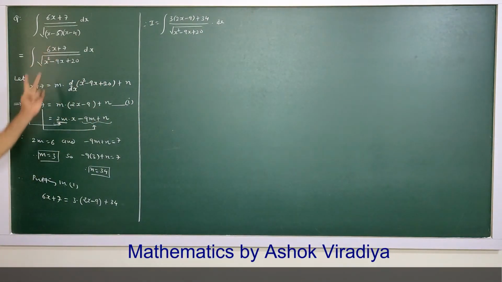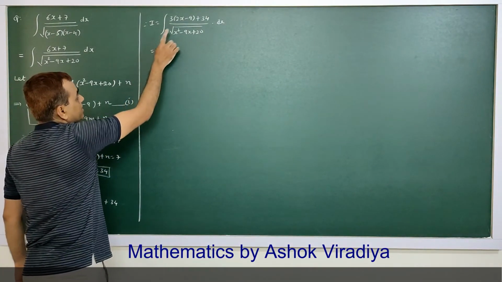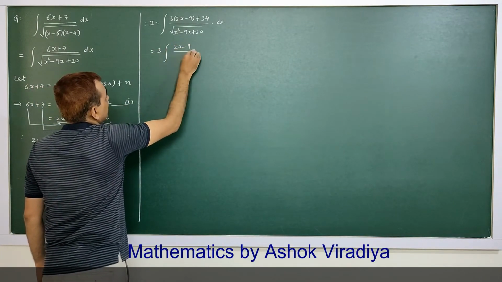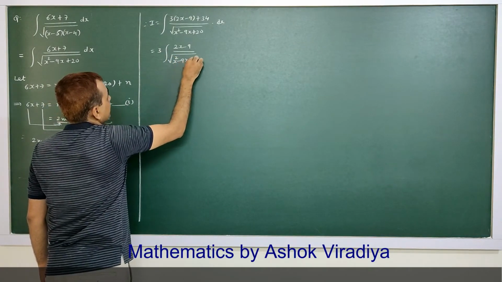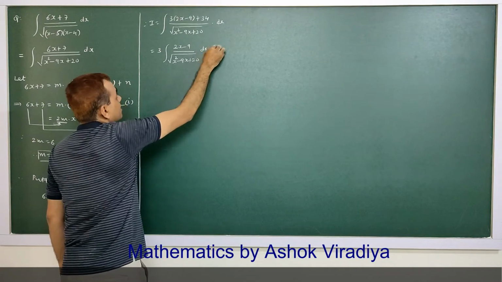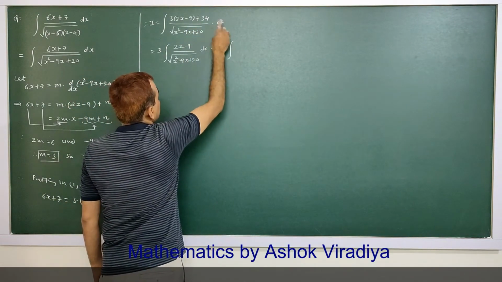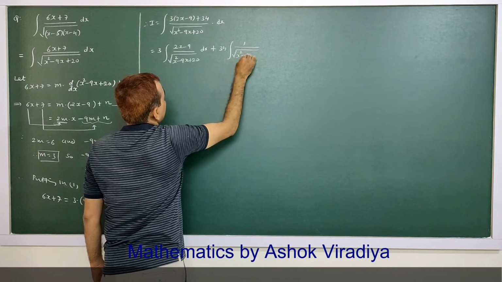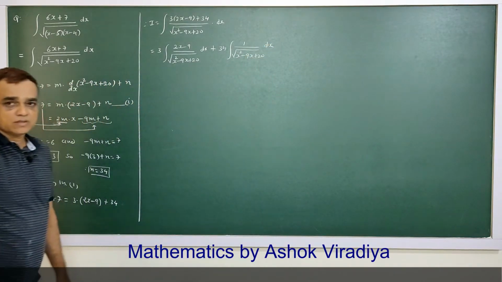So the numerator is replaced by the new expression. Then the next step, divide individually. Dividing, first 3 taken out: (2x - 9) upon square root of x² - 9x + 20 dx, plus 34 into 1 dx upon square root of x² - 9x + 20.